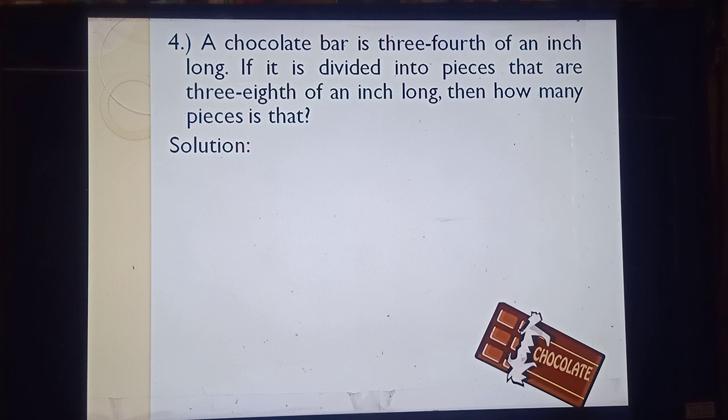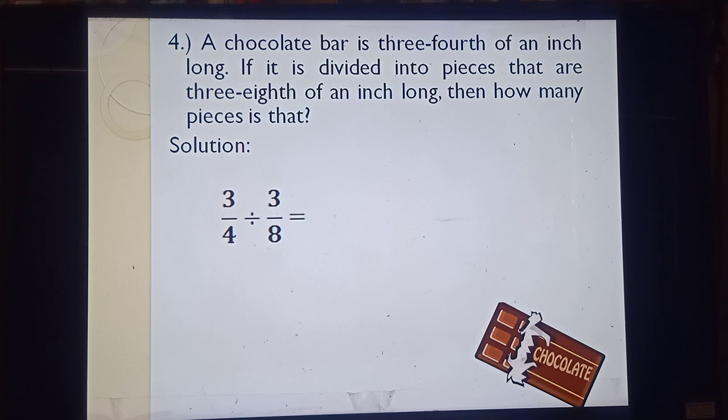A chocolate bar is 3/4 of an inch long. If it is divided into pieces that are 3/8 of an inch long, then how many pieces is that? So solution, what are we going to do? We are asked to divide. So we have 3/4 divided by 3/8, that would be equal to, so what are we going to do?